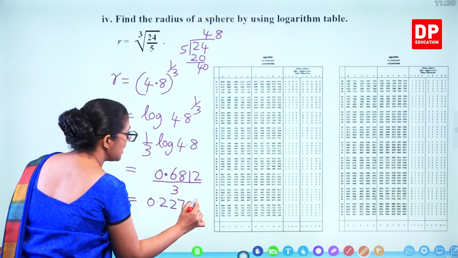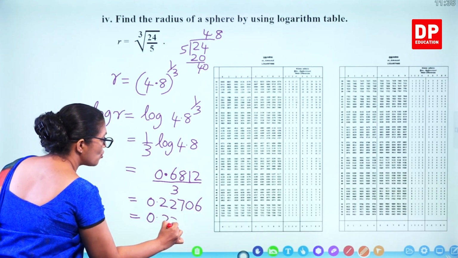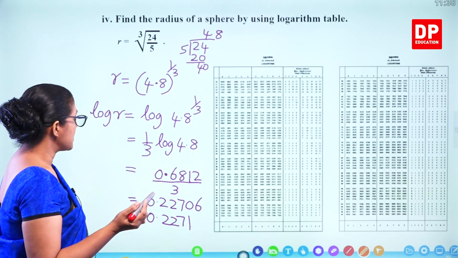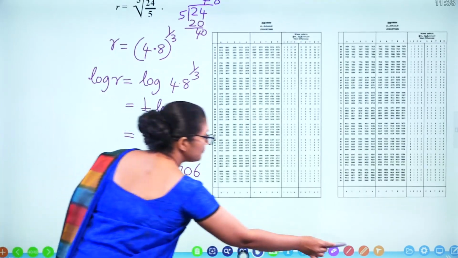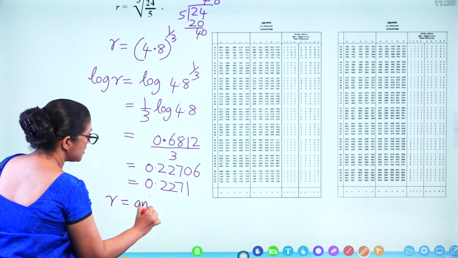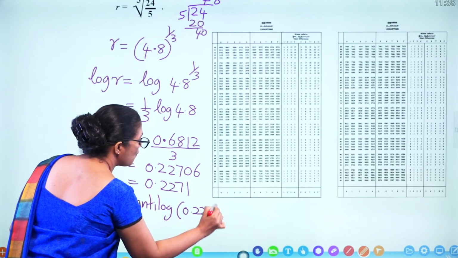For 20, that's 6. So you can round it and write 0.2271 because you need only 4 decimal places. Now when taking antilog, so R becomes antilog of 0.2271.